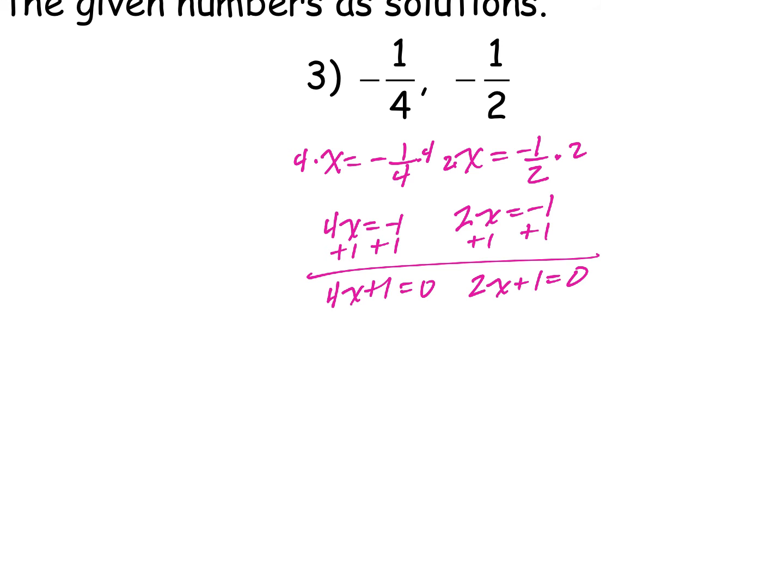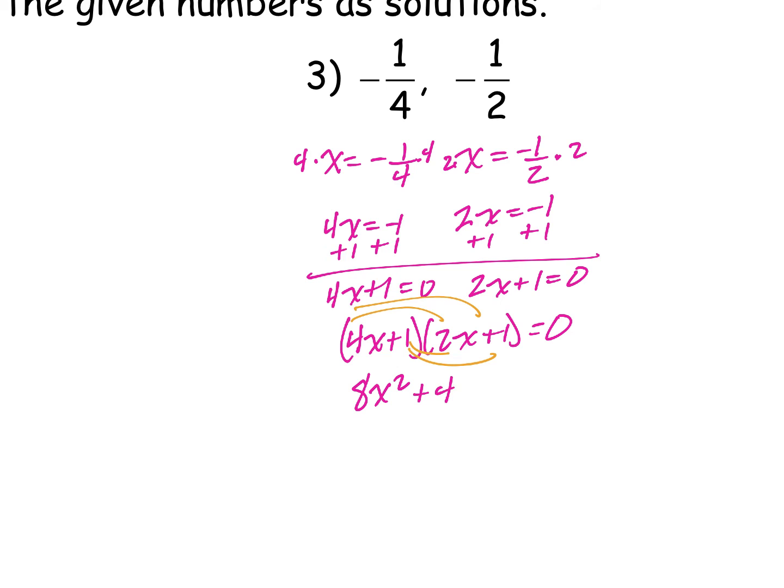Okay, and then I'm going to multiply them together. So 4x plus 1 times 2x plus 1 equals 0. And I distribute. So I get 8x squared plus 4x plus 2x plus 1 equals 0.